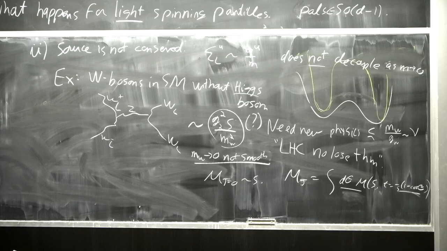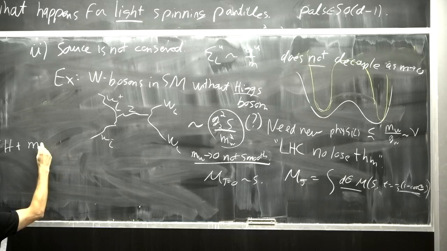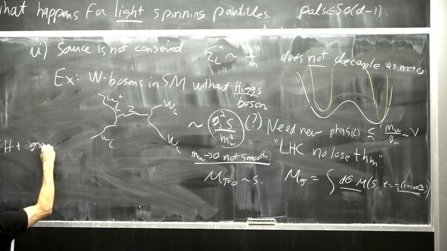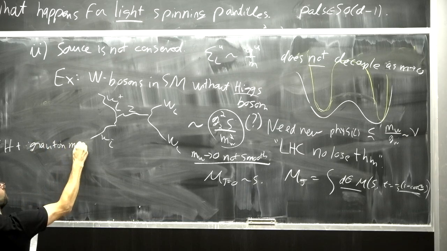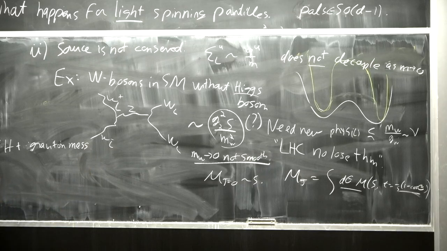Okay, almost done. I want to say something about gravity. If you make the graviton slightly massive, so if you take Einstein-Hilbert plus a small mass term, now you can scatter gravitons that are longitudinal, or doubly longitudinal, in both indices.